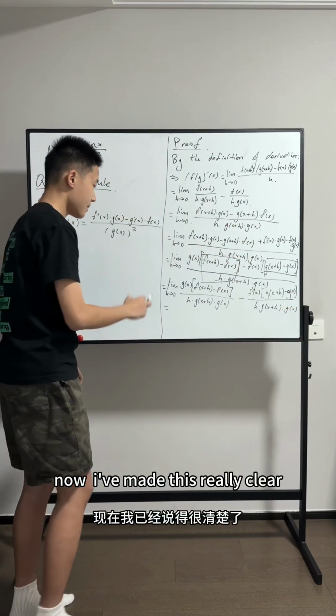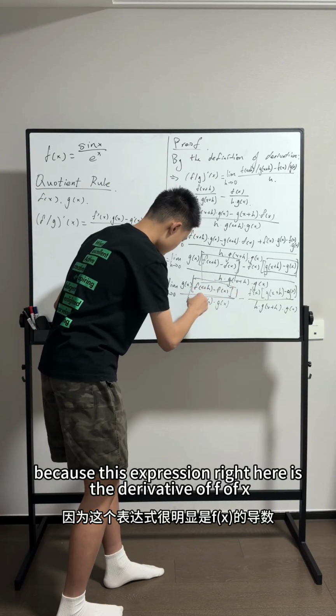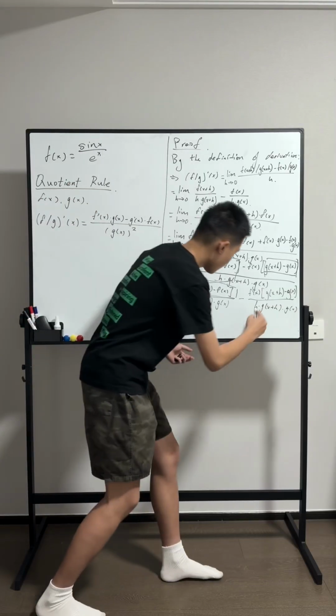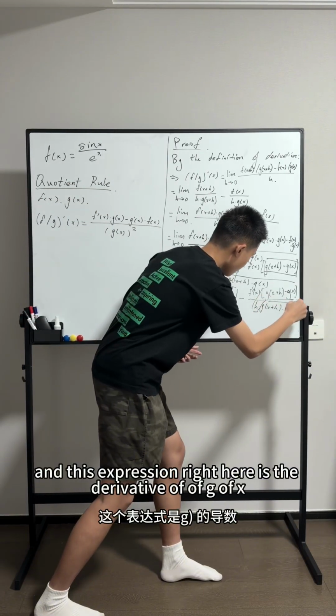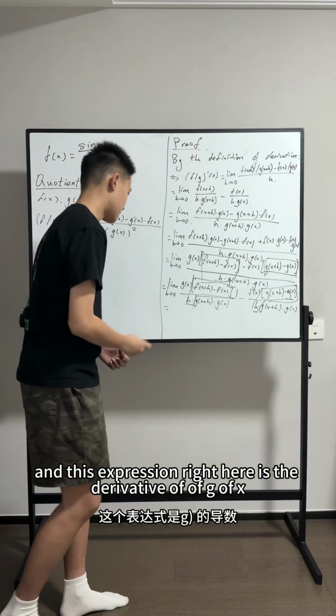Now, I've made this really clear because this expression right here is the derivative of f of x, and this expression right here is the derivative of g of x.